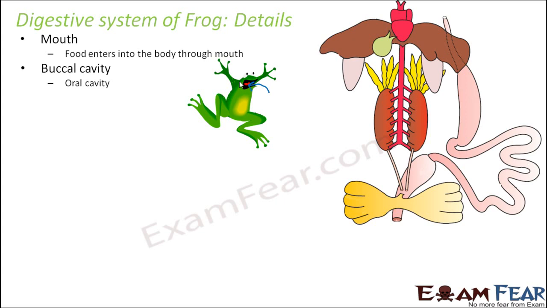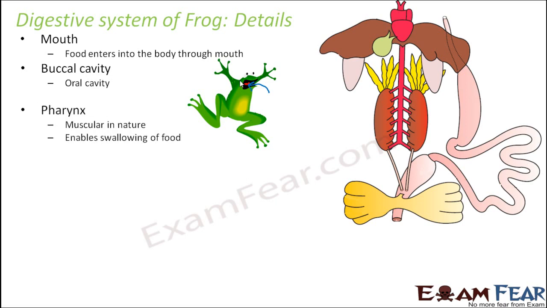This space which you see inside the mouth, you can feel that space even in human beings, the entire space inside our mouth where we have the teeth and tongue and everything. That entire cavity is known as the oral cavity. So here also you can see inside the mouth you have the oral cavity.